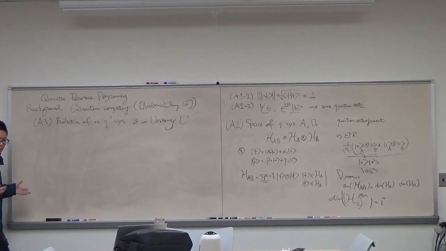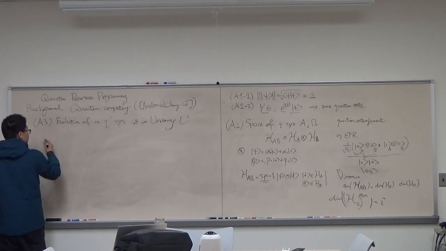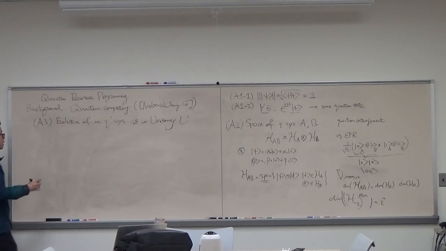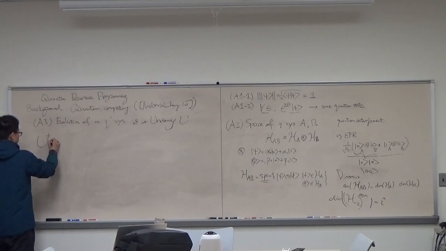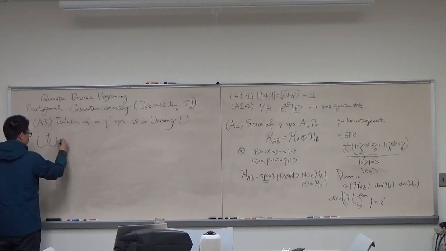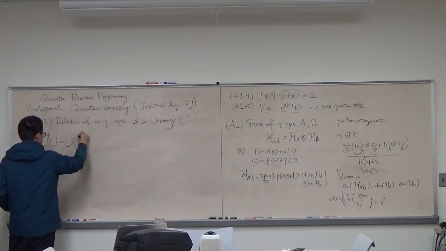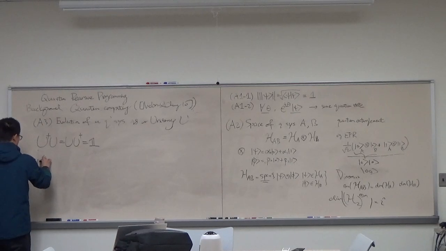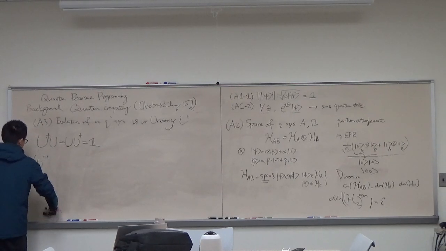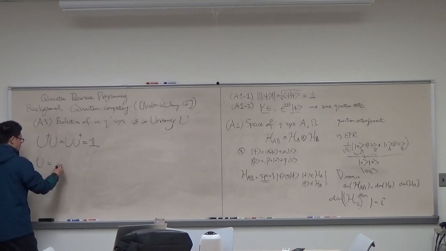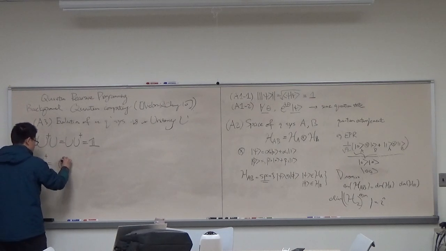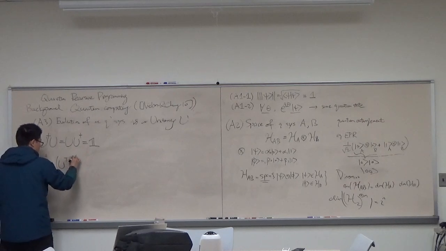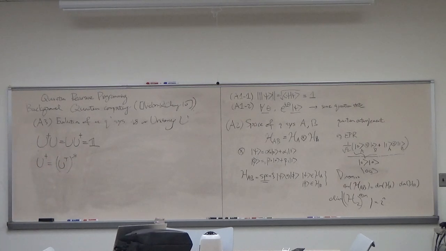So what is a unitary operator? If you describe it as a matrix, it is a matrix satisfying this condition: U dagger times U equals U times U dagger equals the identity, where U dagger denotes that you first take the transpose and then take the complex conjugate.